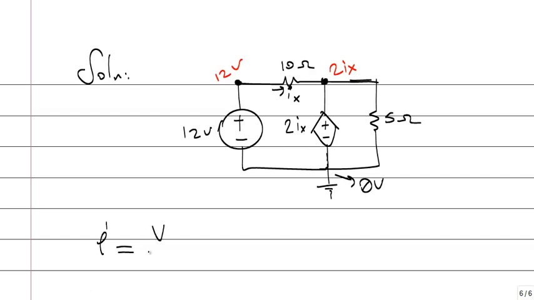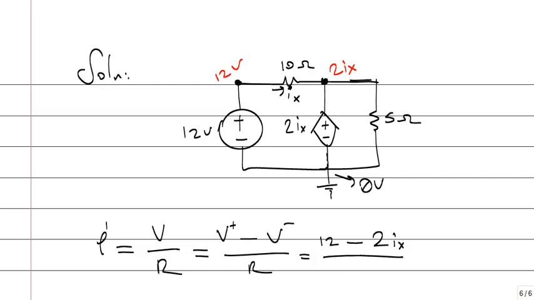Voltage divided by resistance. The voltage of a component is the positive side node voltage minus the negative side node voltage, divided by the resistance. The positive side is the side which the current comes from. So what's the positive side node voltage? 12 minus the negative side node voltage 2Ix, divided by 10.